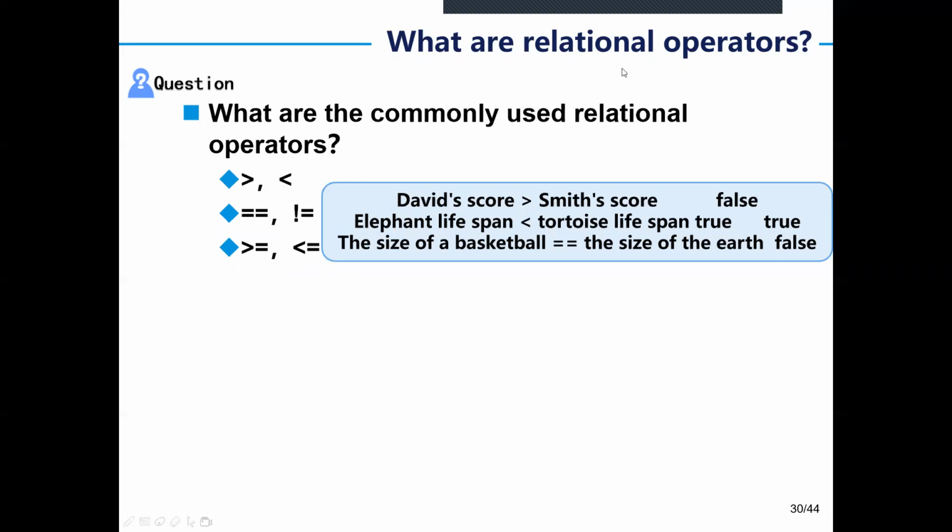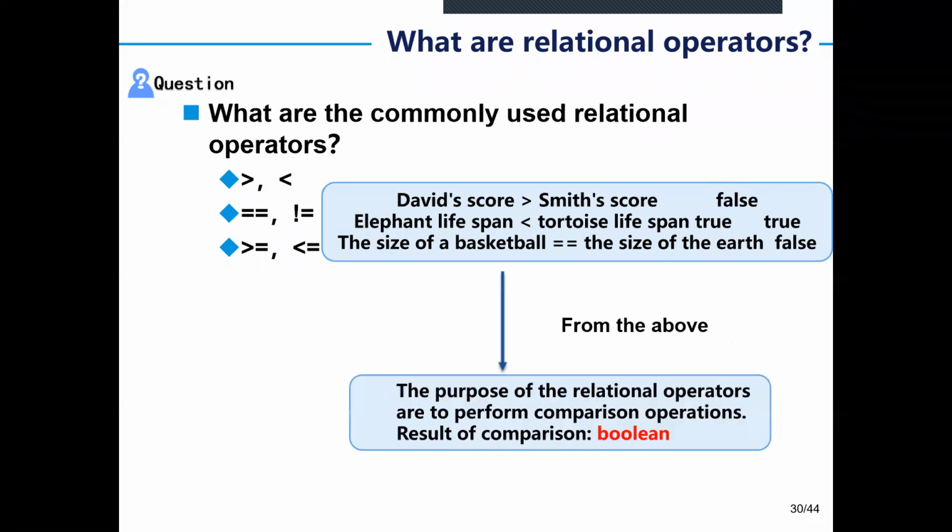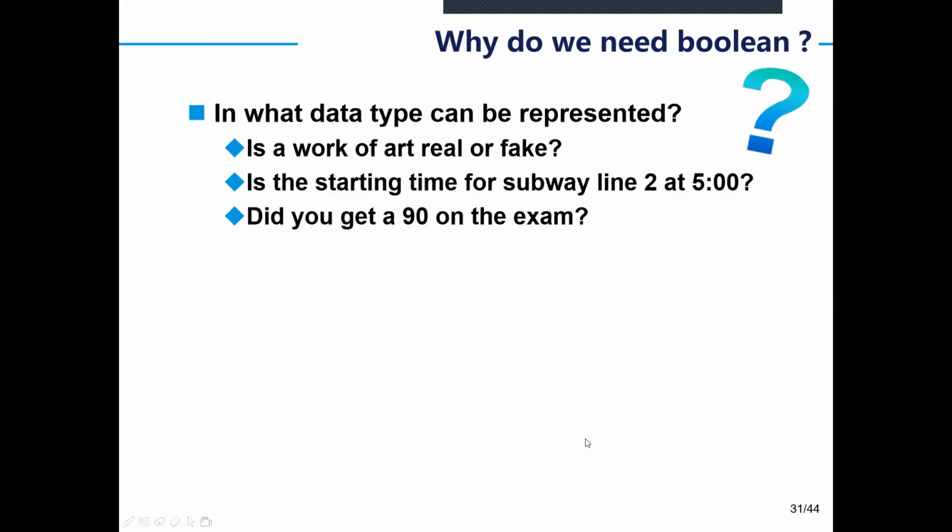The relational operator's result is a boolean. A boolean has just two values. One is true, the other is false. What data type can be represented this way? Is a work of art real or fake?